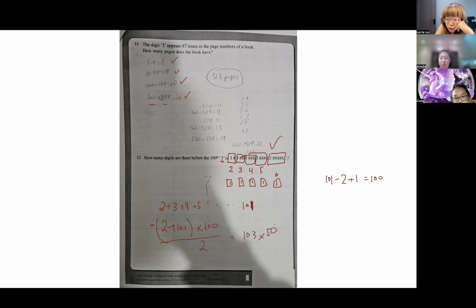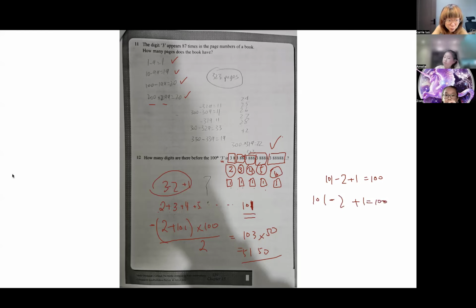So 103 times 50 equals 5150. So altogether there are 5,150 digits in order to get the 100th 3. Understand, Zoe? Understand, Amelia? Because a 2-digit number gives one 3, a 3-digit number gives one 3, and so on. For the 101-digit number, 3 minus 2 plus 1 is 2 threes, 4 minus 2 plus 1 is 3 threes, 5 minus 2 plus 1 is 4 threes, so 101 minus 2 plus 1 gives 100 threes.